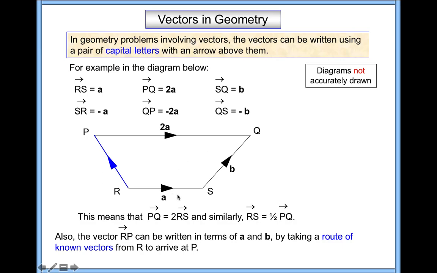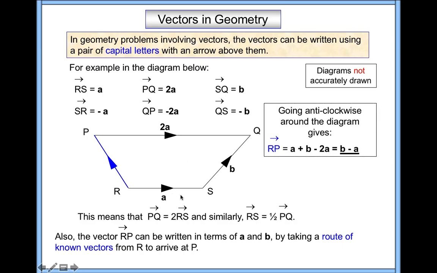So what you know is A plus vector, which direction is this going to move? Anti-clockwise. Okay, going anti-clockwise around the diagram will give you vector RP. So vector RP is vector RS, that is A, plus vector SQ, that is B, plus vector QP, that is negative 2A.